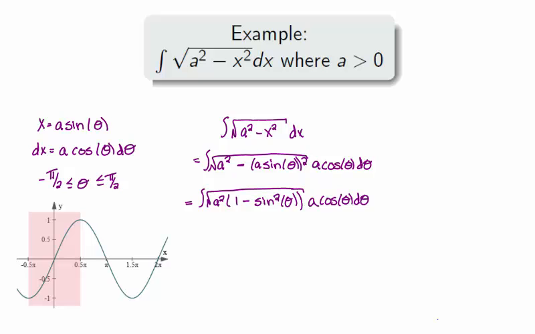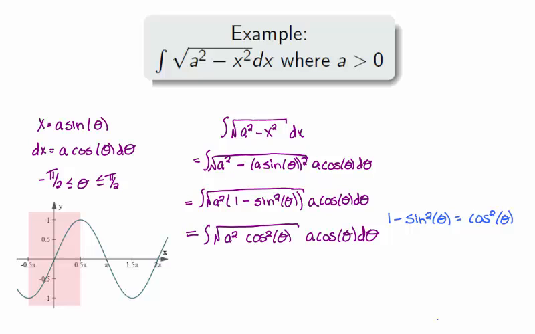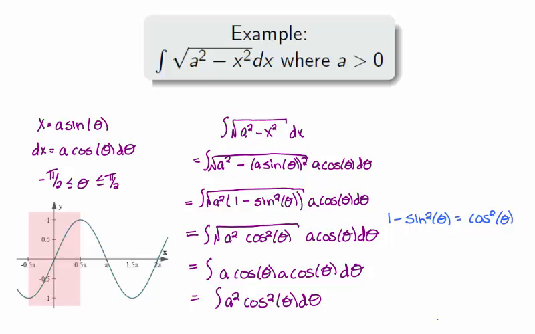We now use the identity 1 minus sine squared of theta equals cosine squared of theta, and we get the integral of a squared cosine squared of theta times a cosine of theta d theta, which equals the integral of a cosine of theta times a cosine of theta d theta, which equals the integral of a squared times cosine squared of theta d theta. Note that the second to last equality makes sense because a is greater than 0 and cosine of theta is greater than or equal to 0 for our restricted range negative pi over 2 less than or equal to theta less than or equal to pi over 2.